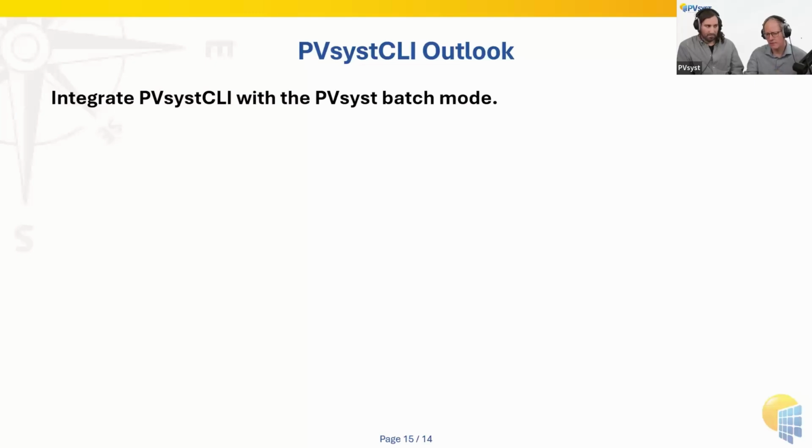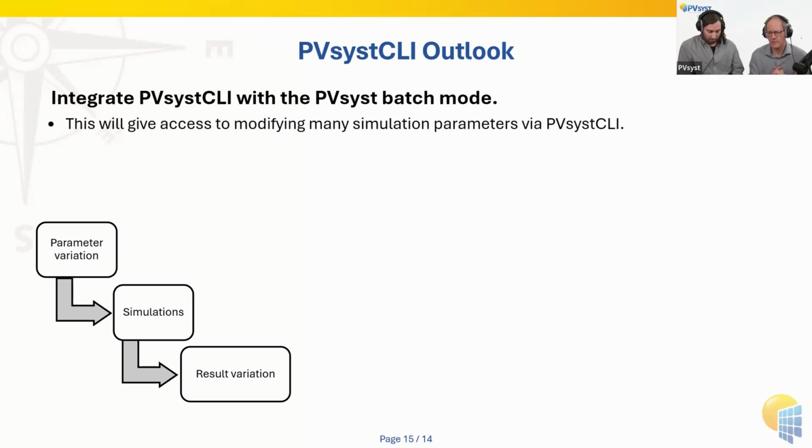And this is interesting. First, it might sound redundant because you say the batch mode is to run multiple simulations and you can do this with PVsystCLI anyhow. But what you can do with the PVsyst batch mode that is not there in the command line interface right now is to change simulation parameters.